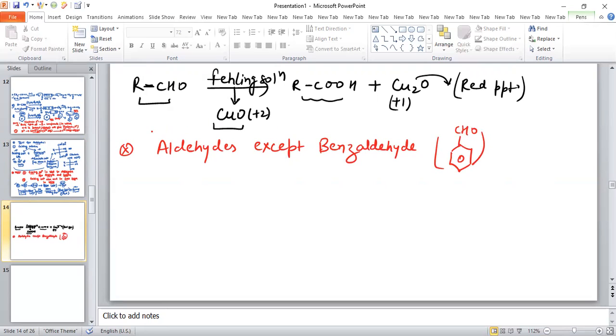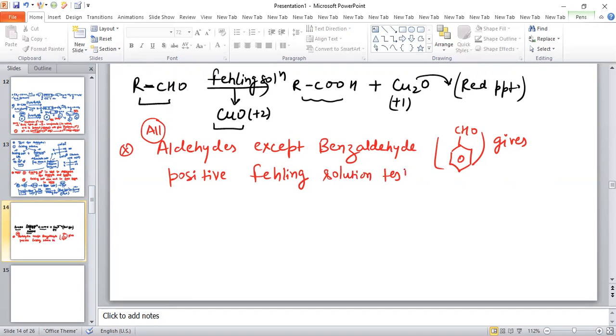So all aldehydes except benzaldehyde give a positive Fehling's solution test, while ketones give a negative Fehling's test.